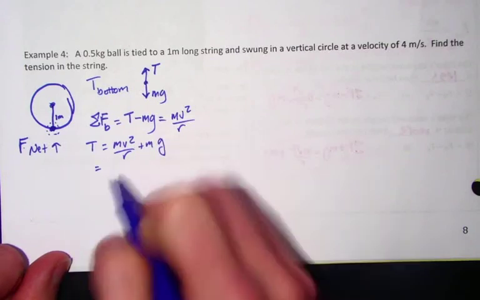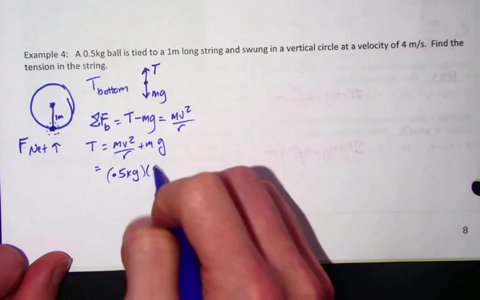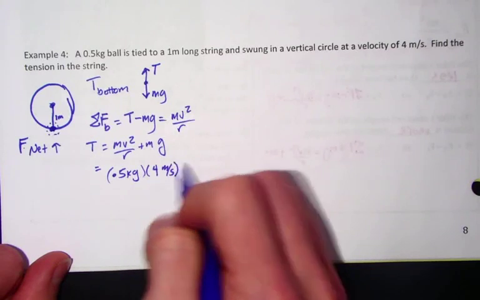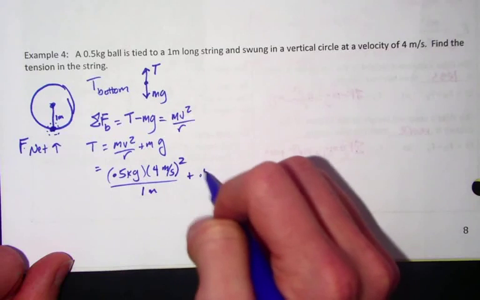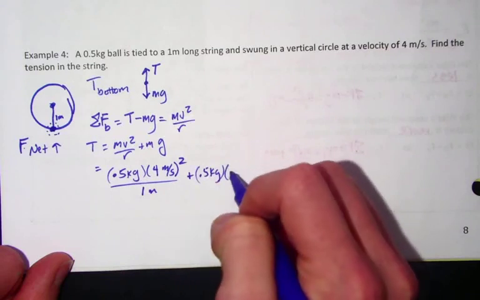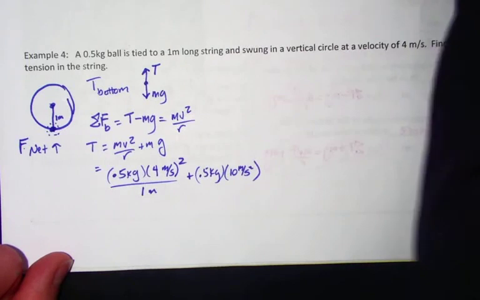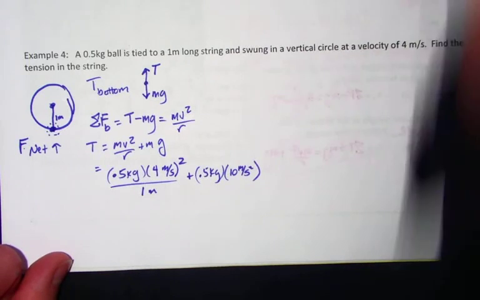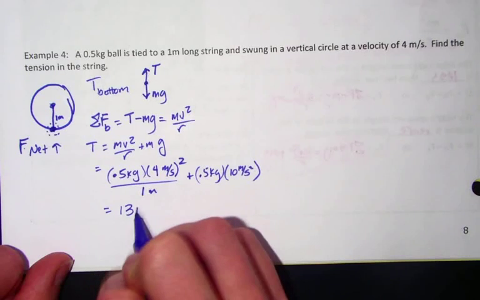So we do some plug and chug, and then plug that all in, and you should get about 13 newtons.